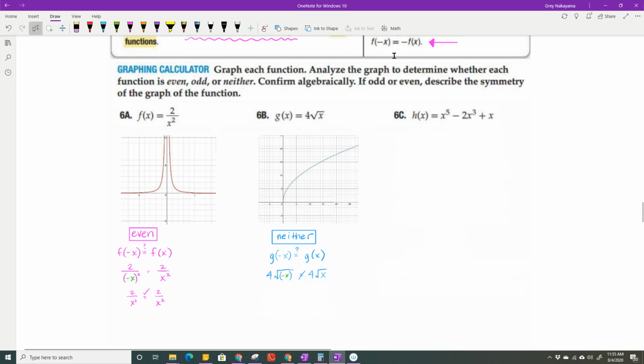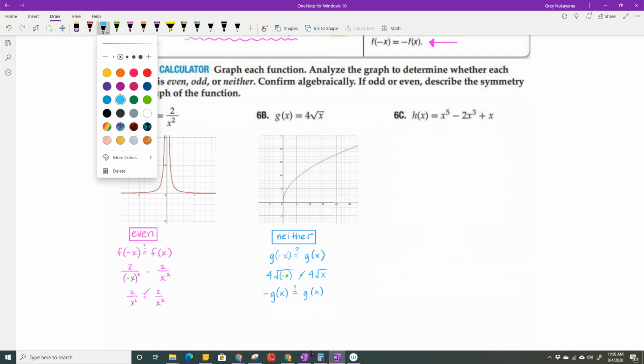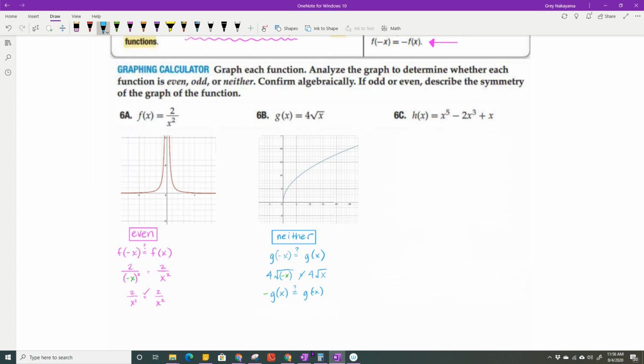Now, for it to be odd, I have to prove f of negative x equals negative f of x. So what is negative g of x? This is supposed to have a negative right there. Well, that looks like this, and this again would have my negative inside, because that's what we just figured out.